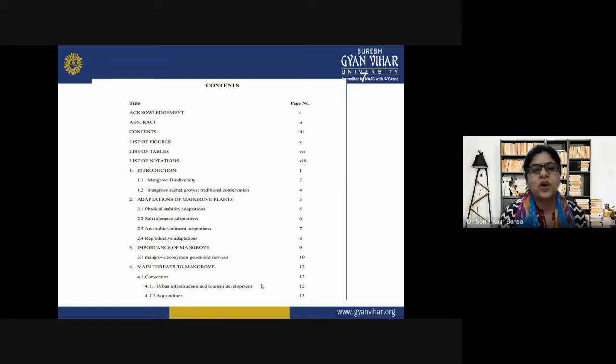Acknowledgement, abstract, contents, list of figures, list of tables, these are all preliminary pages. And then starts the introduction, then all the important chapters come later on. But remember students, when you do this, you must take care of writing the proper title as well as the proper page number. Giving an incorrect page number will not be proper.